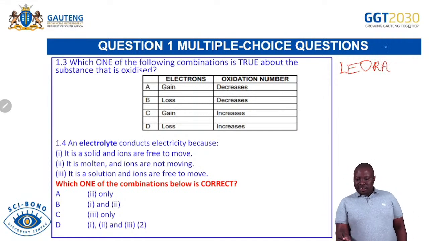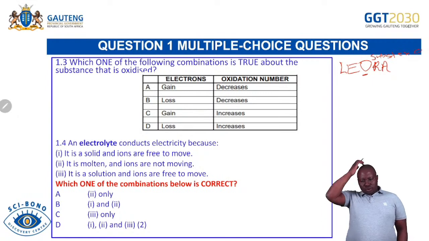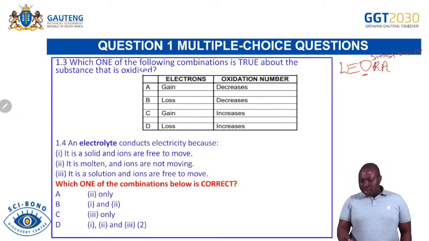A substance that undergoes oxidation, we refer to it as a reducing agent. And that substance is oxidized.